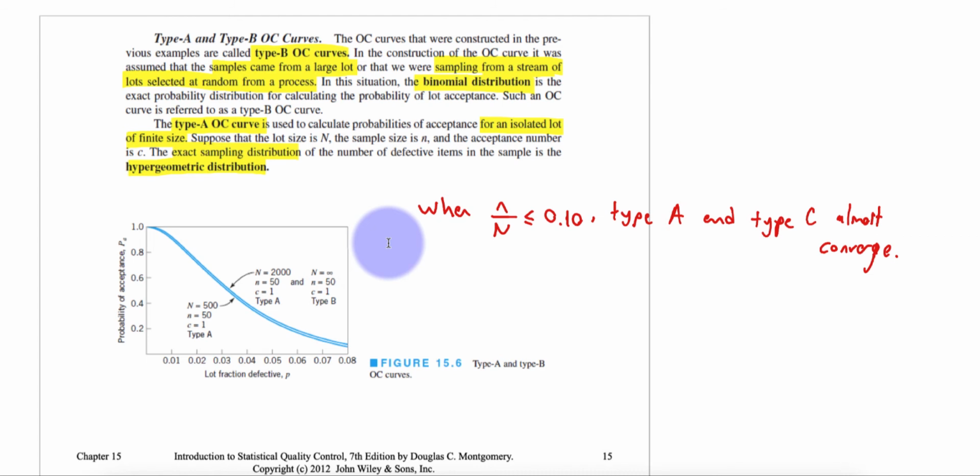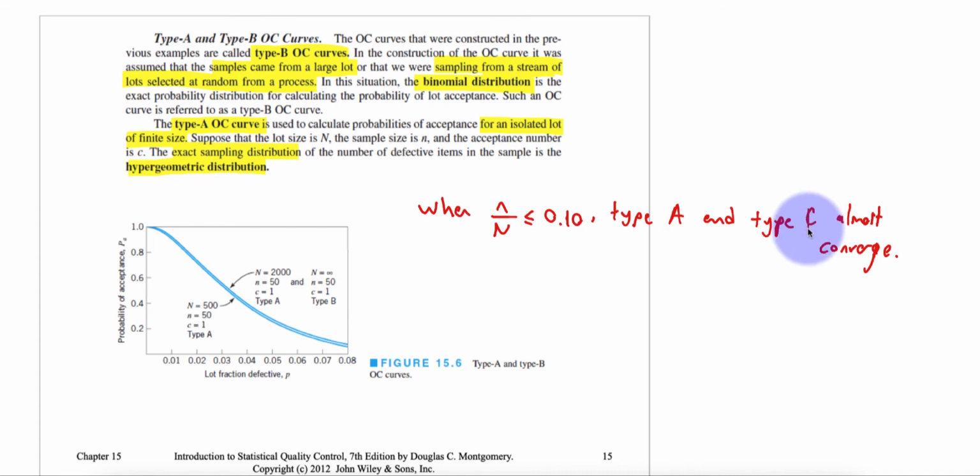But we also know that if the proportion of sample size to lot size is lower than 0.10, it means that the lot size is 10 times the sample size. If this is the case, type A and type B OC curves will converge to each other.